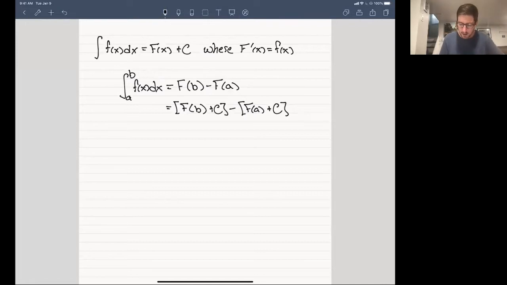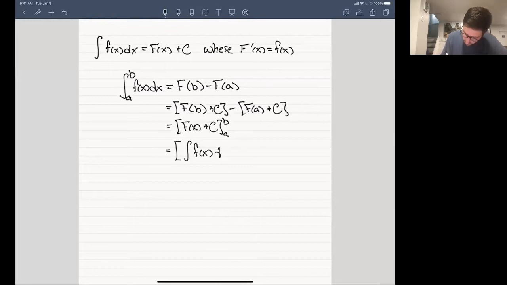And this f of b plus c and this f of a plus c, this is the same using this shorthand notation that we introduced in the last lecture, which is really just this antiderivative notation like this.